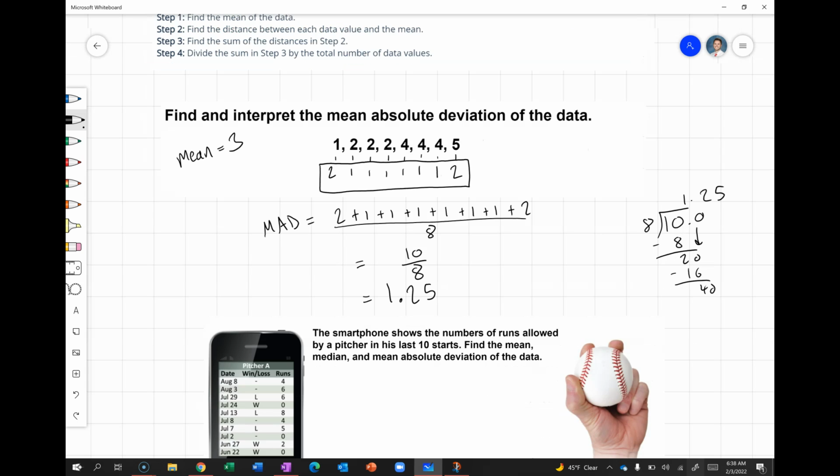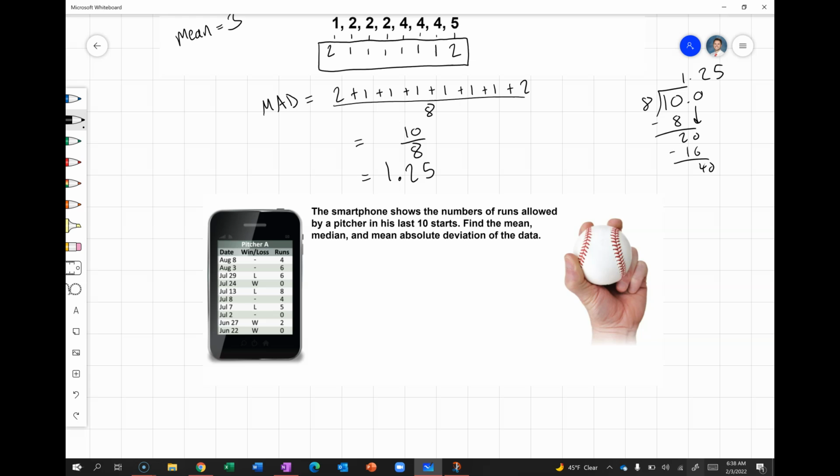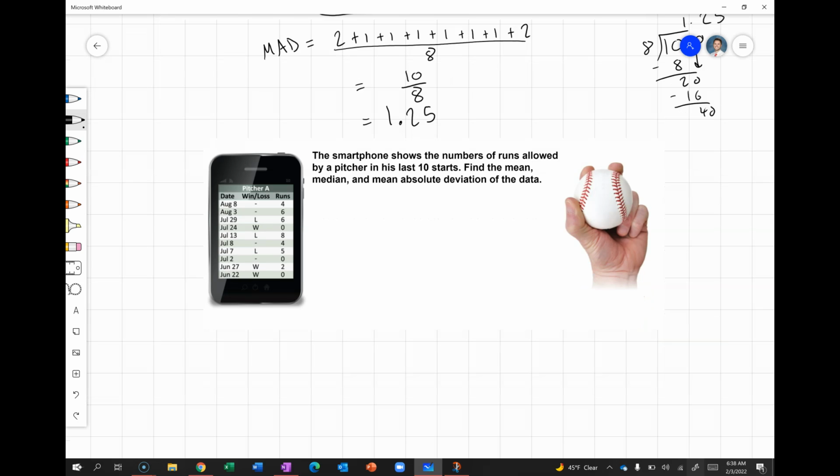Let's look at our next example. So this one says the smartphone shows the numbers of runs allowed by a pitcher in his last 10 starts. Find the mean, the median, and the mean absolute deviation of the data. So here are our data values here. So let's start by finding the mean.